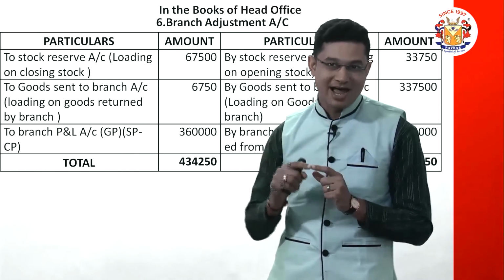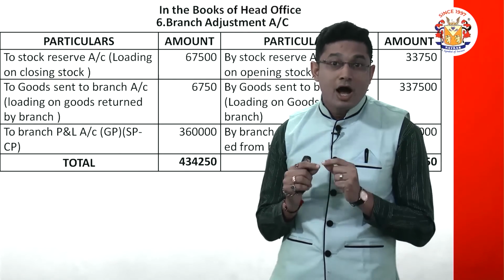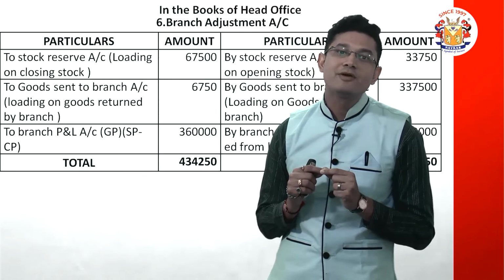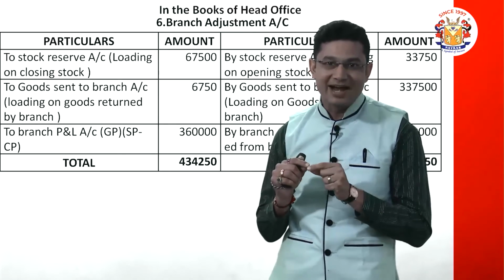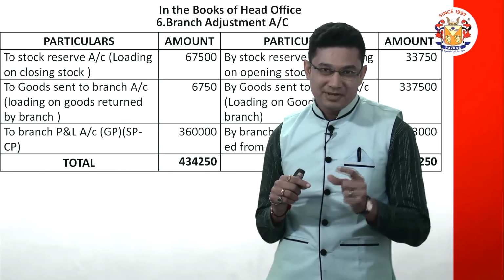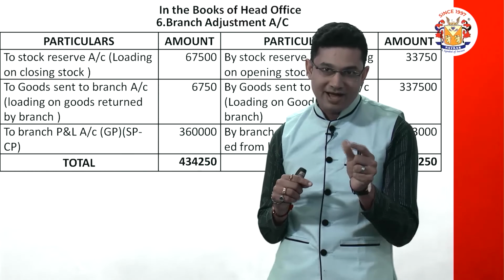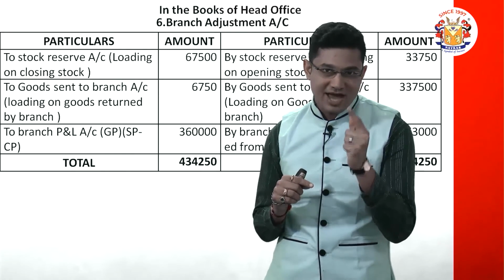On the debit side of branch adjustment account, we will record unrealized profit or going to unrealized profit. Ultimately, we will get the difference, gross profit, means actual realized profit. Okay, let us check.